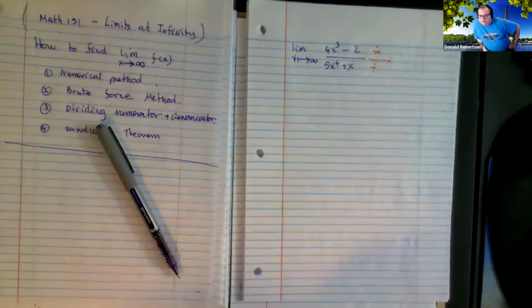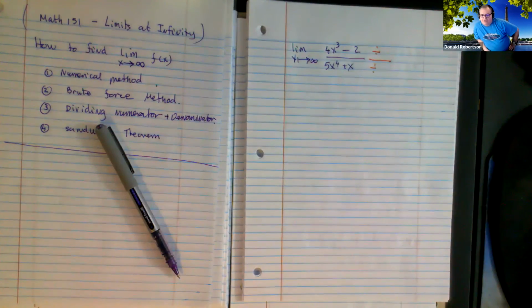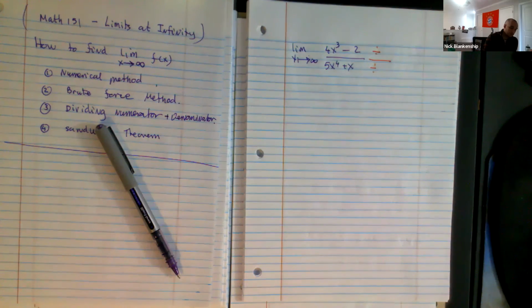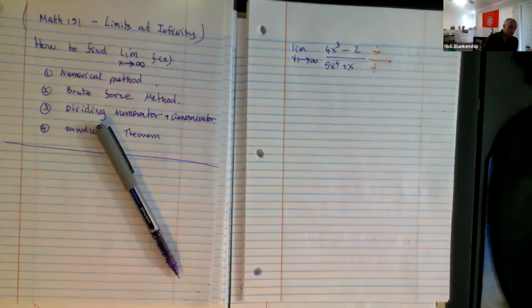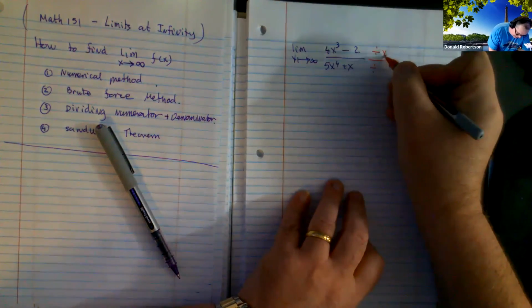What could I divide the top and bottom by in this question? X cubed. And the other choice I could choose would be x to the fourth. I'm going to pick x cubed because I think in this case it comes out nicer.